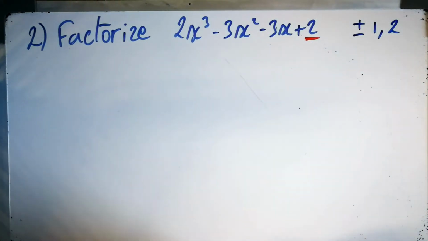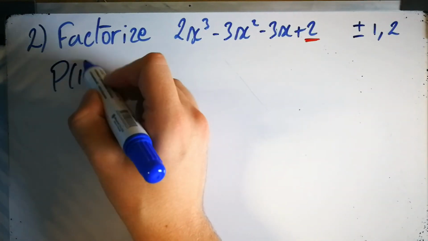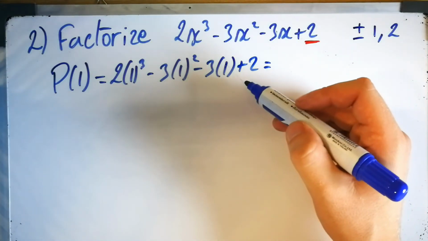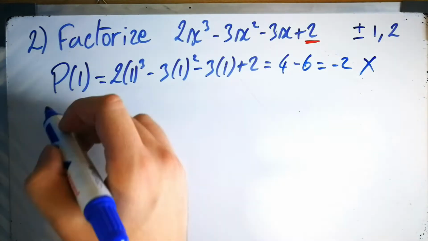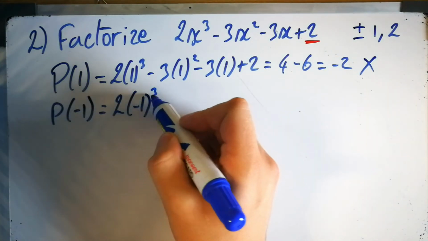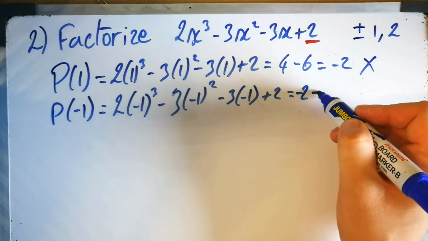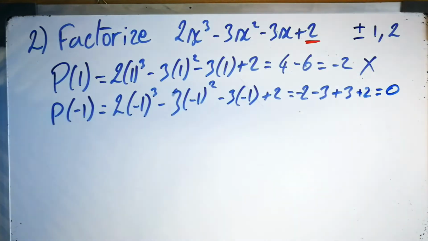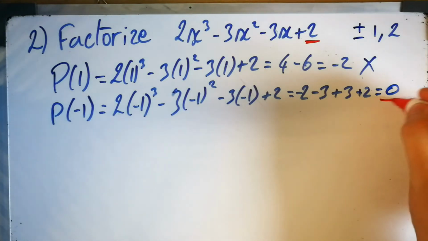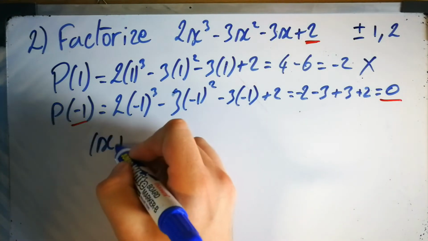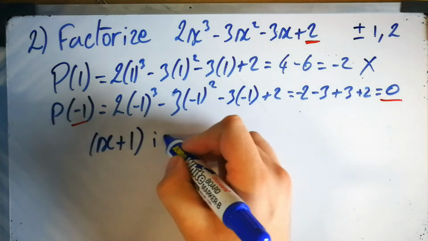So we're going to try all of these numbers. We find that if we input minus 1 in the polynomial, we get 0. That means that x plus 1 is a factor.